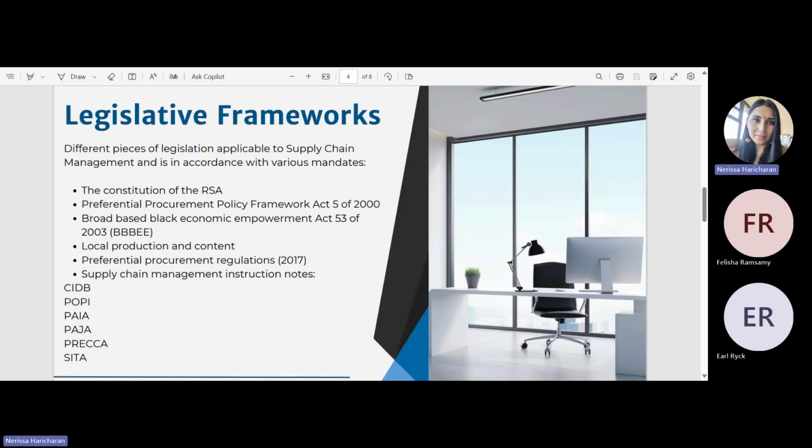With preferential procurement, as a business, I can go out and do a tender or a bid with local companies, and I need to make sure my selection is fair, especially if I'm getting any funding or financial aid from government itself. I need to be able to show them what suppliers I'm bringing on board. In this case, you're probably going to go on an 80-20 or a 90-10 preference points system: 80 being price and 20 being triple BE, or 90 being price and 10 being triple BE.